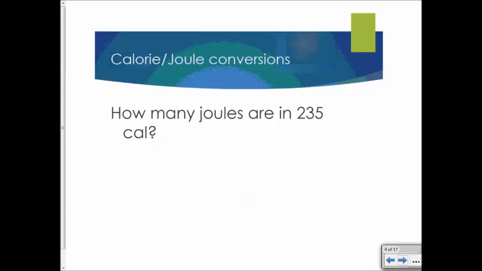How many joules are in 230 calories? Well, this is going to take a simple T-chart, dimensional analysis. What do I do with my calories? Diagonal them down. What am I going to put up top? Joules, right?